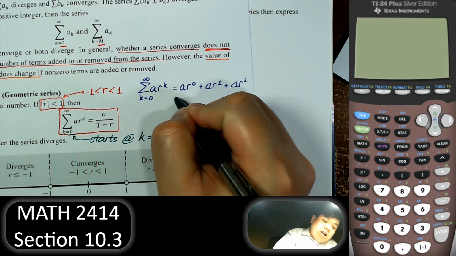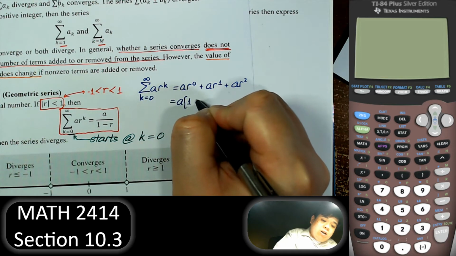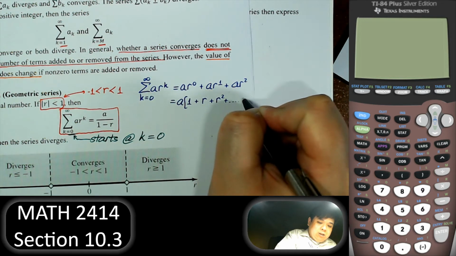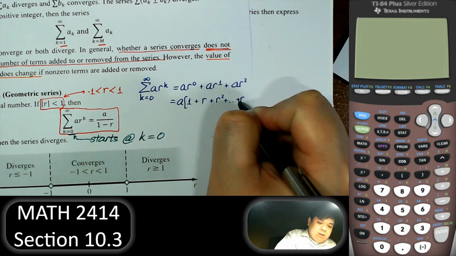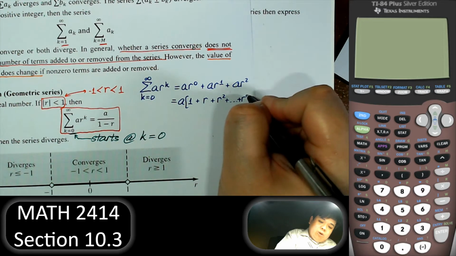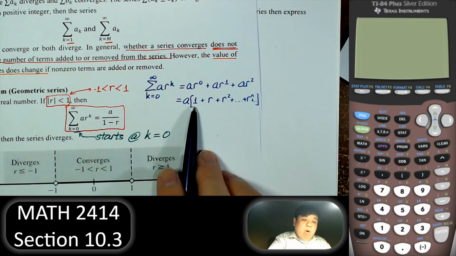Or if we factor it out, there's a, and r to the 0 power is 1, and then just keep going to the end. So it's just the sum of all the powers.